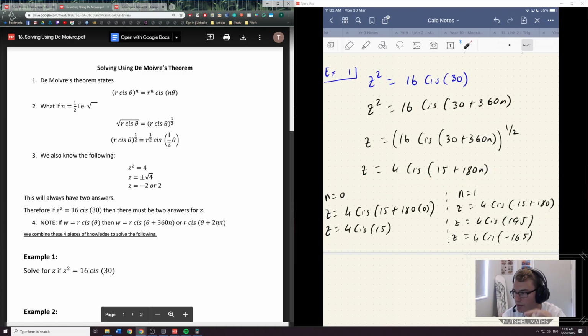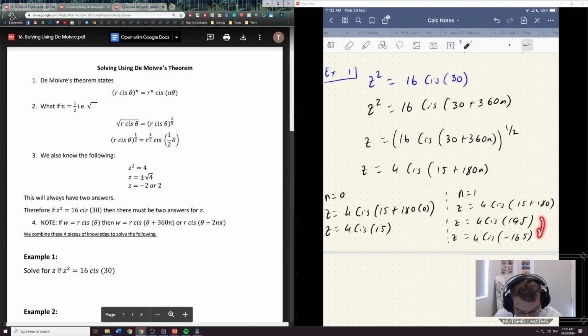And now we're going to use values of n to produce our loops. If n is 0, which is no loops, just the first number, then we get 4 cis 15. And if n is 1, we end up with 4 cis 195. I converted that 195 into a better version, which is negative 165.